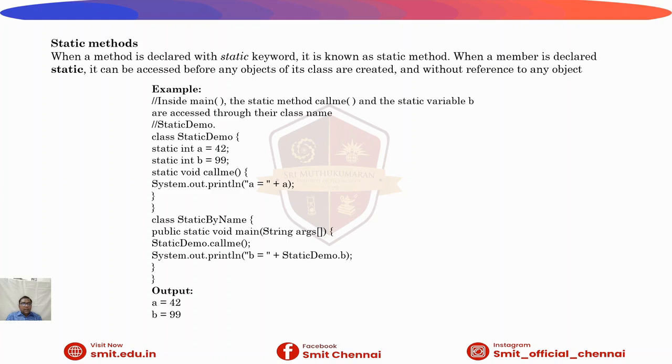And in the last print statement, we are using the class name again to call the static variable b. When we run this program, you can see that the value of a is 42 and the value of b is 99. So you can see that we can call the static method only by the class name, inside the class and not from any other part of the program.